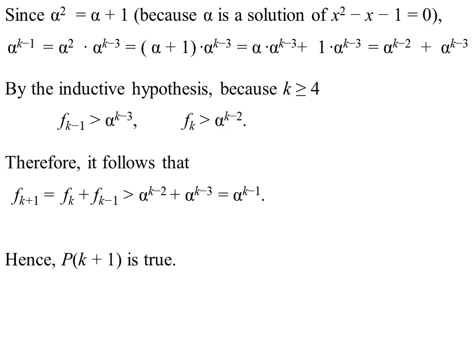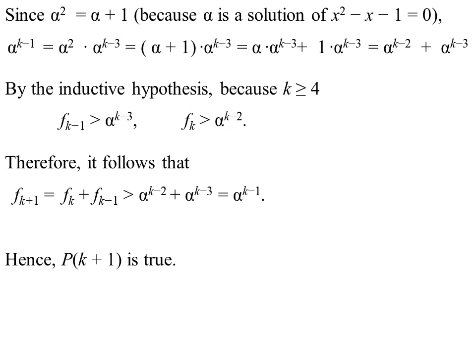When you expand it, it becomes alpha into alpha to the power of k minus 3 plus 1 into alpha to the power of k minus 3. When you simplify it, alpha into alpha to the power of k minus 3 will become alpha to the power of k minus 2, and then plus alpha to the power of k minus 3.